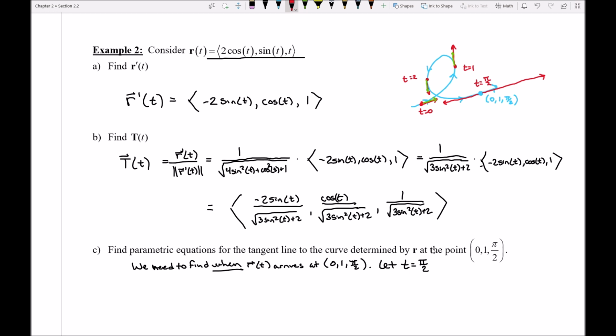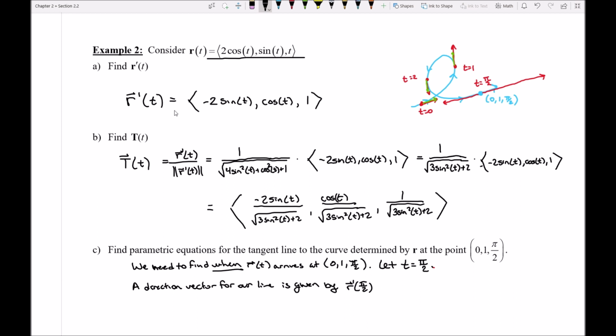Now I can go ahead and find the direction vector for my line. Okay, so I'll say a direction vector for our line is given by r prime of pi over 2.